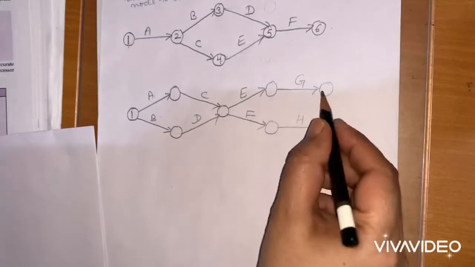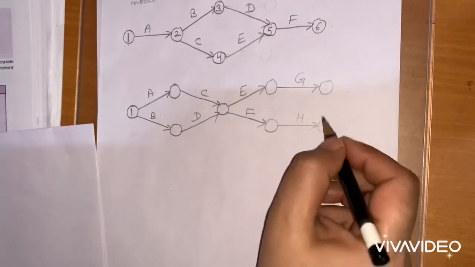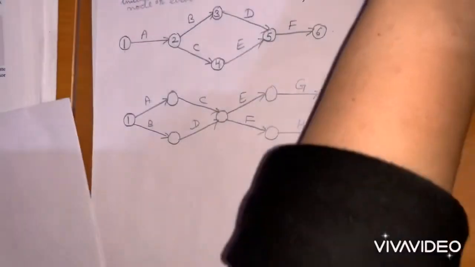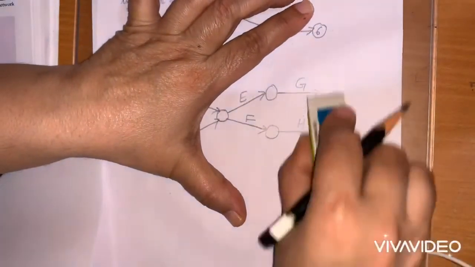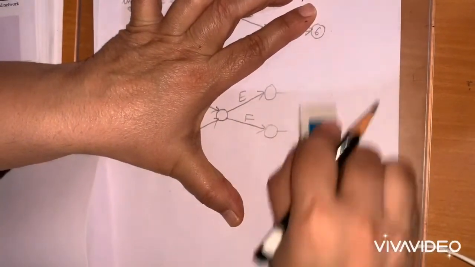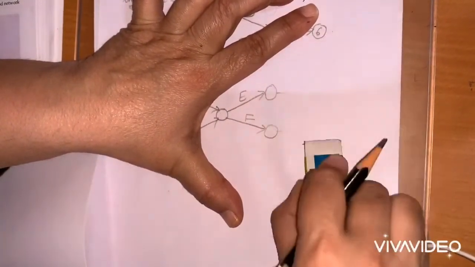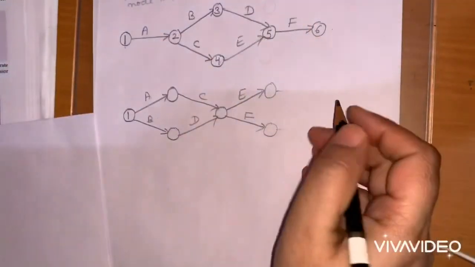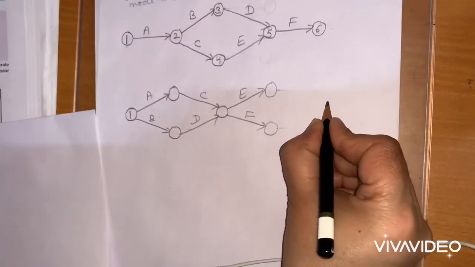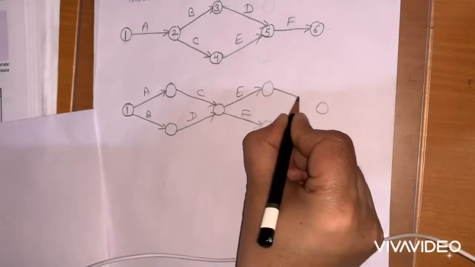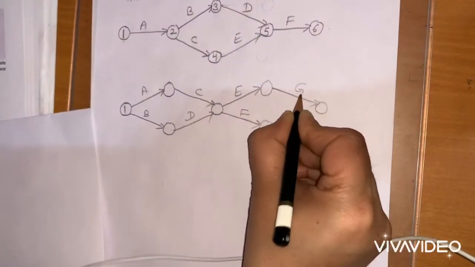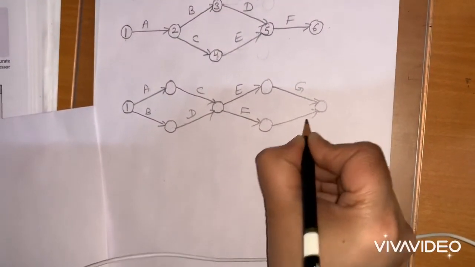As I have drawn, now there are two end events, so this is wrong. So I will modify it. As G and H are the last activities and the network stops here, they must end at one common event. So here is G and here is H.